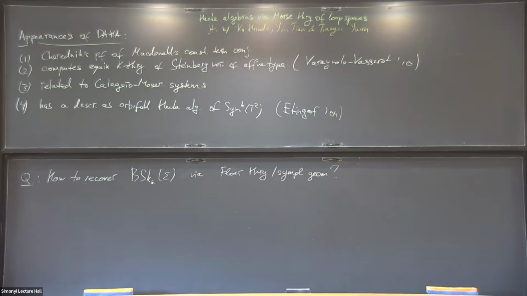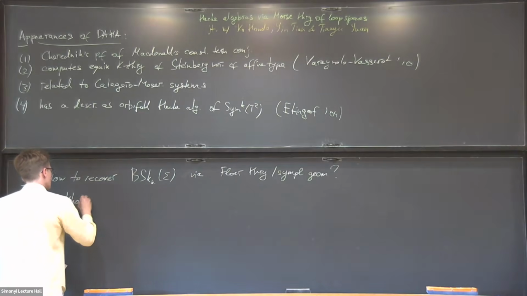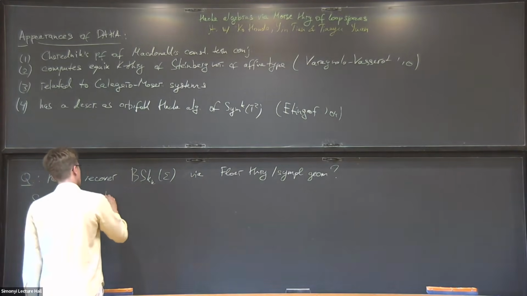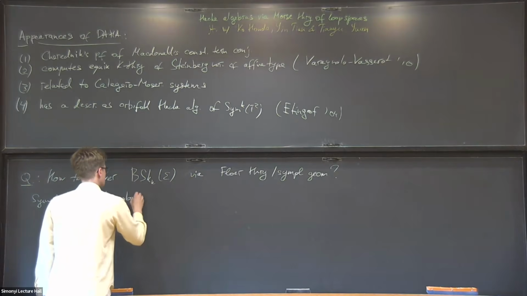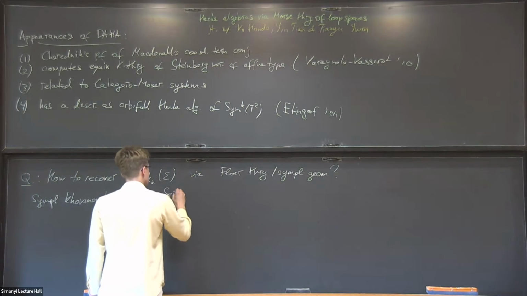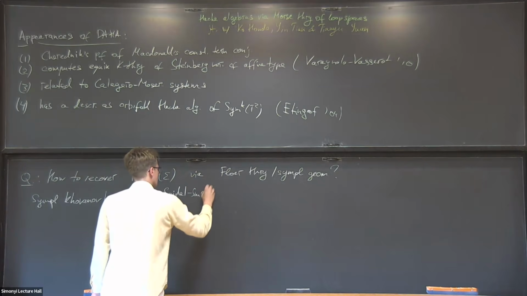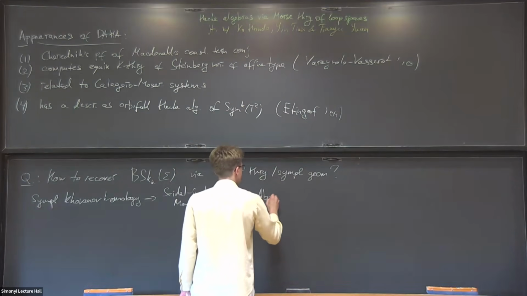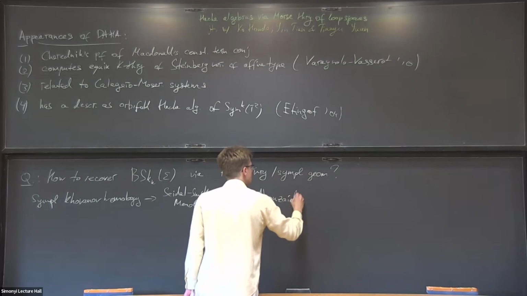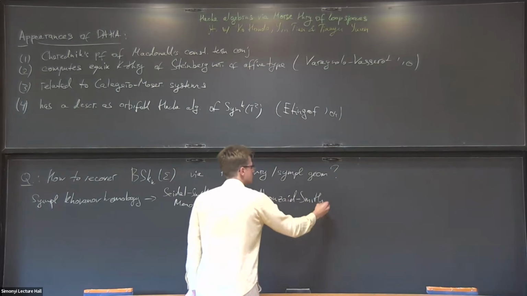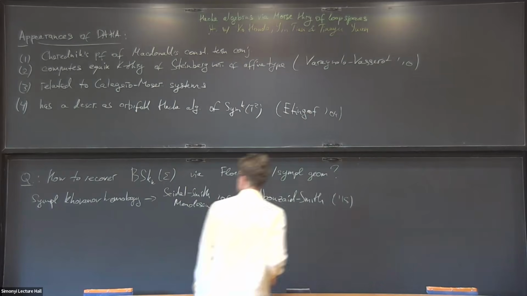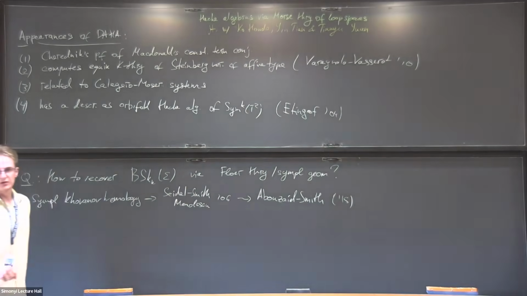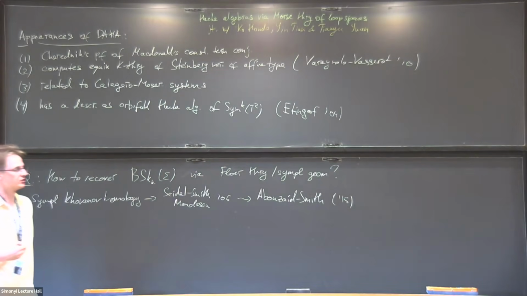Instances are symplectic Lagrangian homology, due to Seidel and Smith, and Manolescu from 2006, and later Abouzaid and Smith showed that over characteristic 0, this construction recovers Khovanov homology.